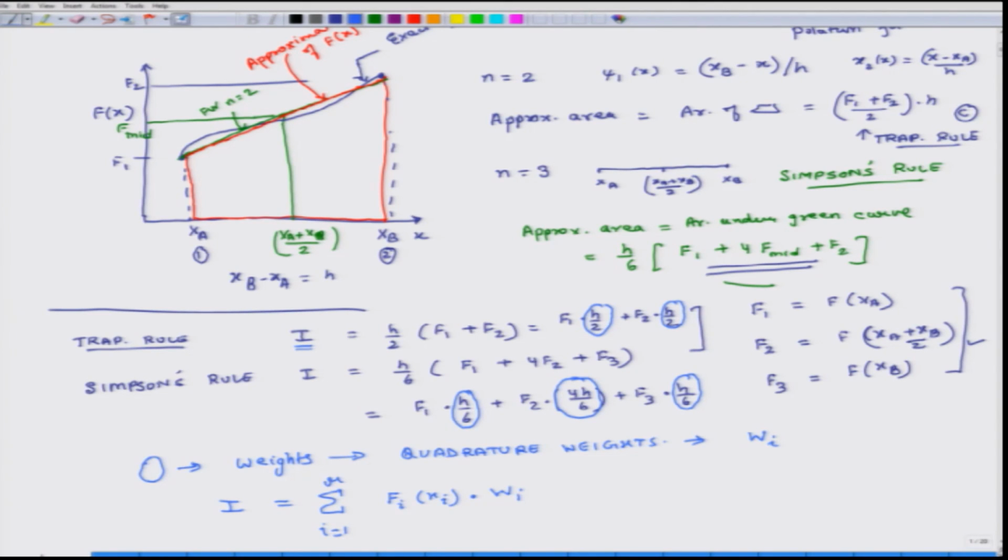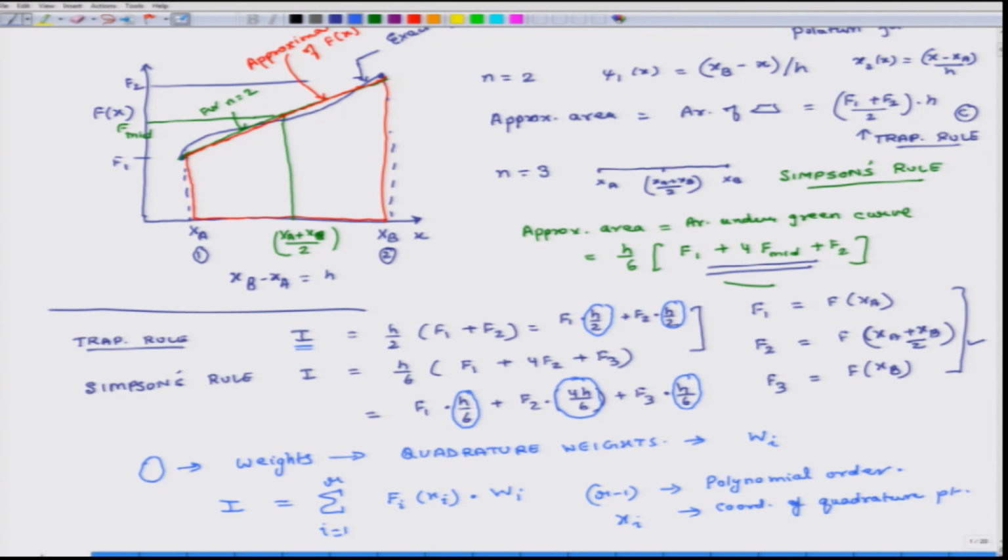So, I am introducing another index r. Actually, it is not r, it is r minus 1. R minus 1 is the polynomial order, and xi is the coordinate of the quadrature point.